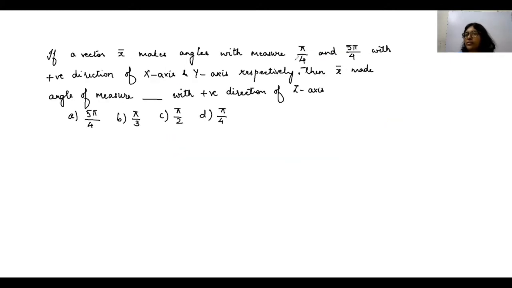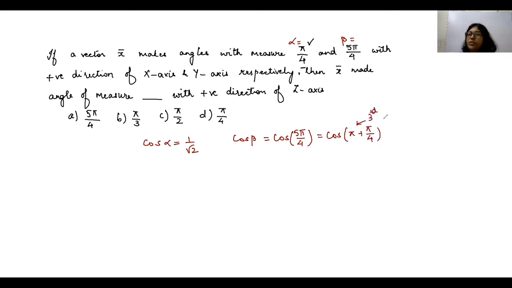Angle made by the vector with x-axis is given as pi by 4. Let's say it is alpha. With the y-axis is beta. So we'll find cos alpha, which is cos pi by 4, and cos beta, which is cos 5 pi by 4. And that is cos of pi plus pi by 4, third quadrant value. Cos is negative, 1 by root 2, it is minus 1 by root 2.